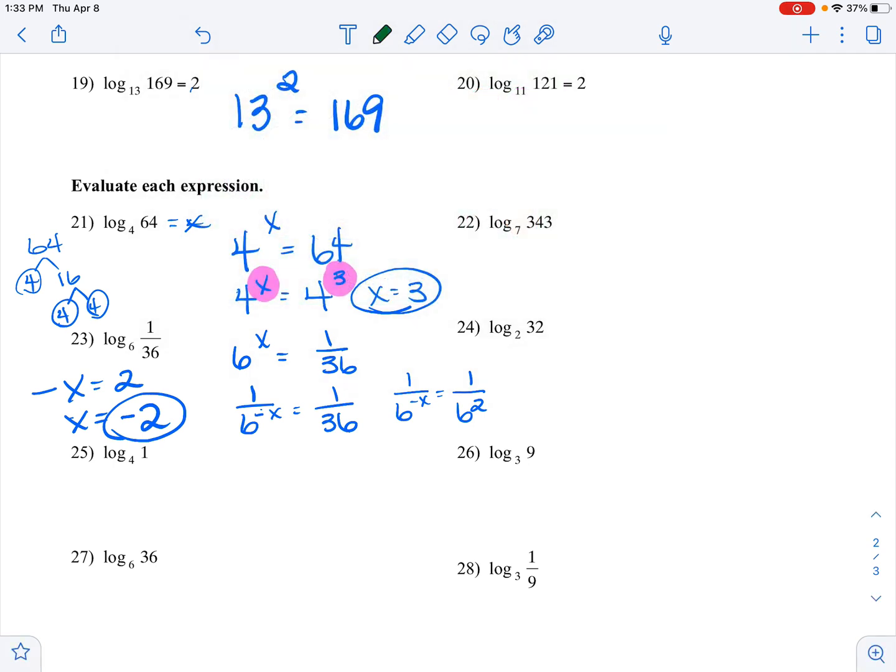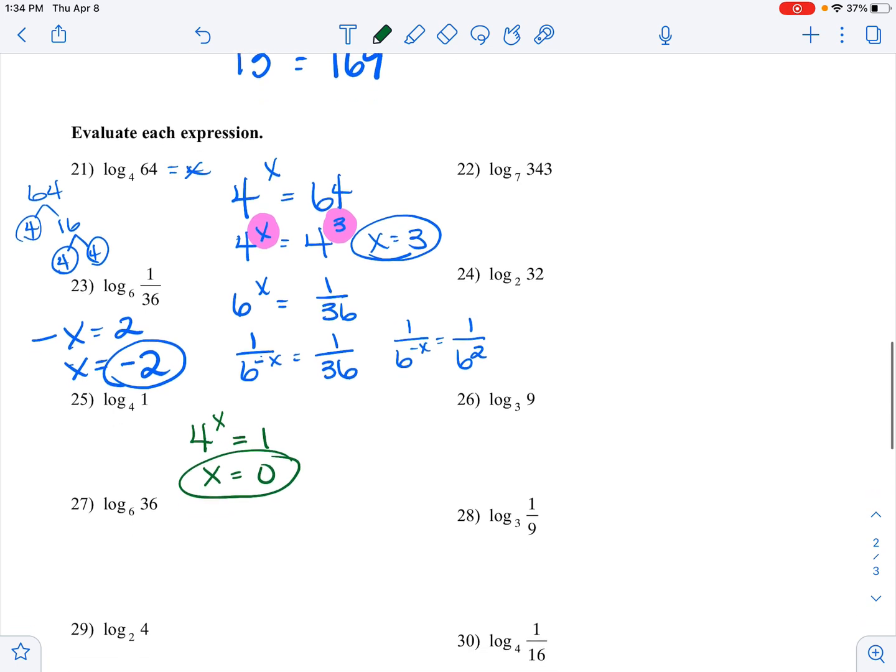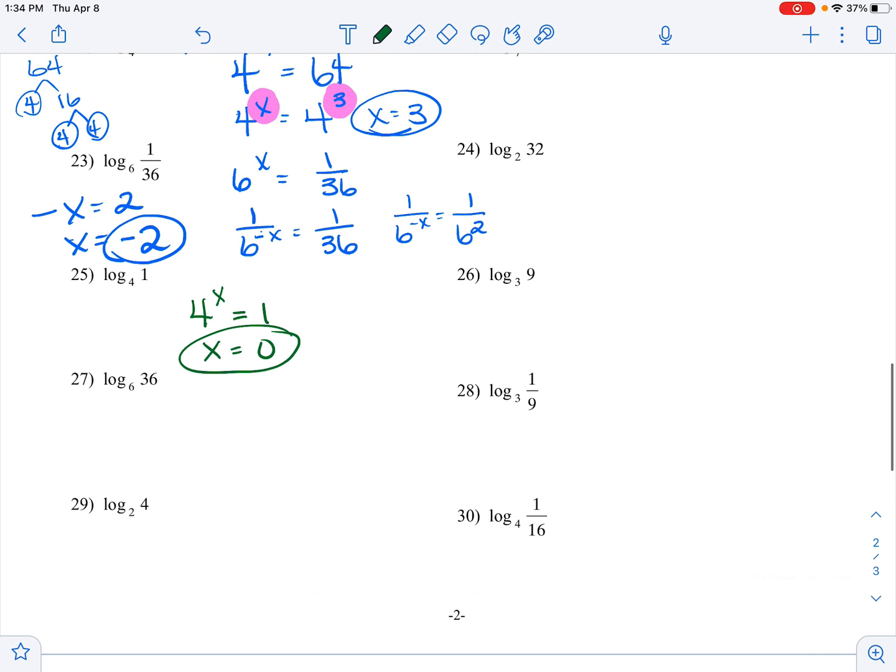Next one. 4 to what power is going to be equal to 1? Now this is just a rule that you should always remember. Every number to the 0 power is 1. So x is going to be equal to 0. Six to the x is equal to 36.